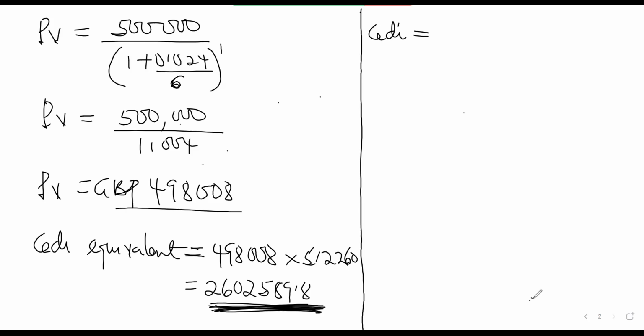So the cedi will be 2,602,589.8 multiplied by, in bracket, 1 plus 0.28 divided by 6. This will give you 2 months. So multiply and give me the full answer.